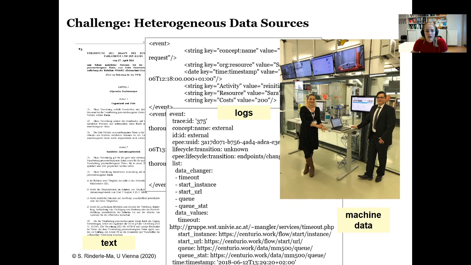And in addition, what we have looked into lately is image data, for example, engineering drawings, where you see how the part was drawn, and this also holds compliance demands, for example, dimensions that a part has to fulfill.